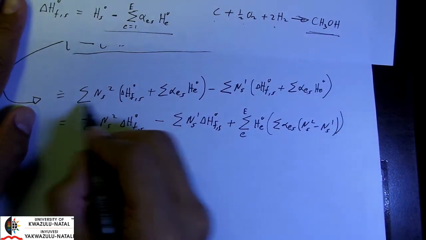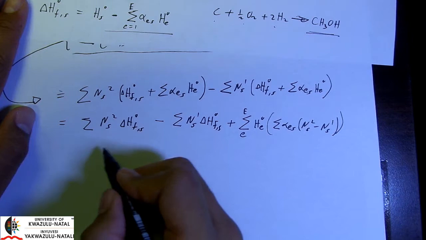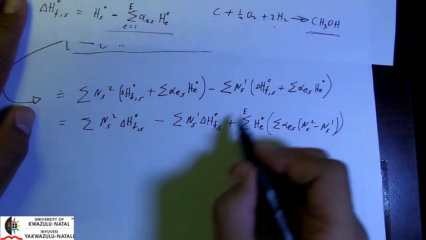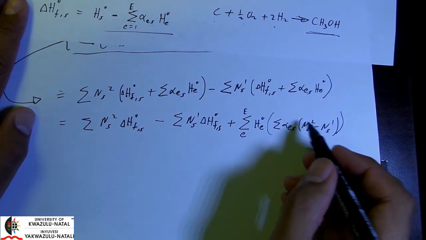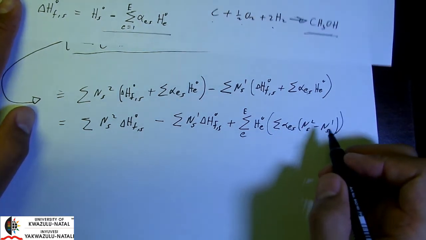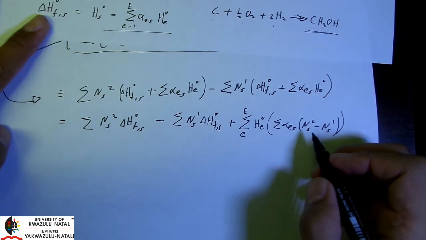So this is this entire expression opened out and rearranged, and this term here accounts for each element in each of my output and input streams, for my species.